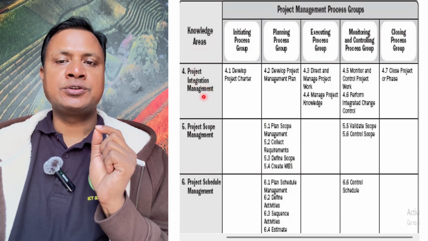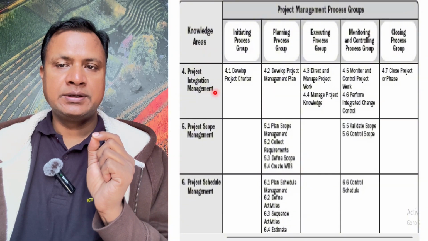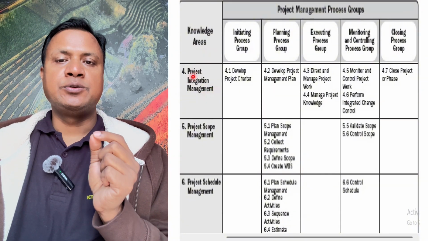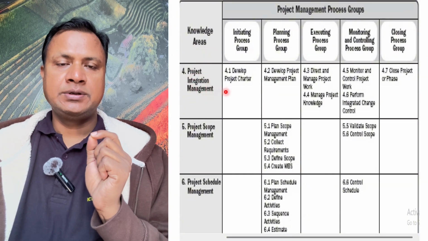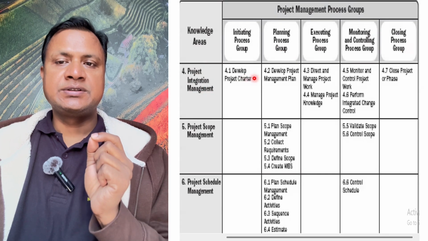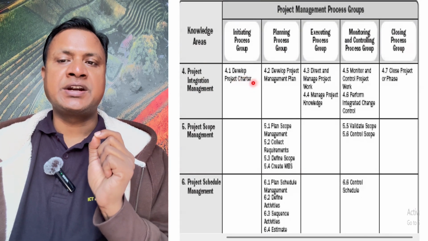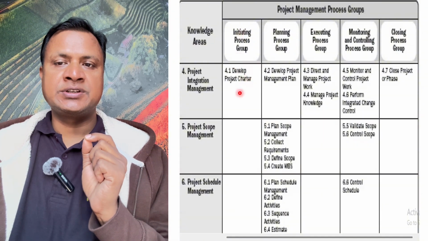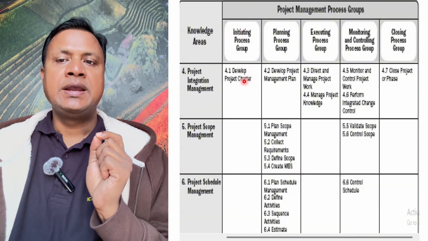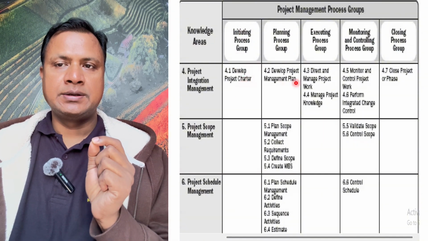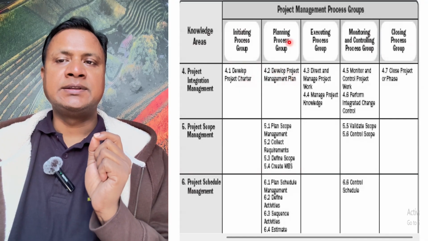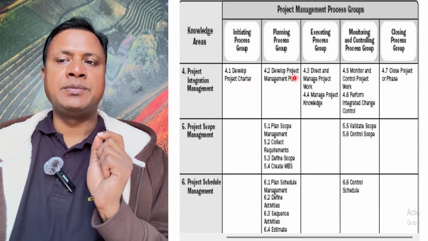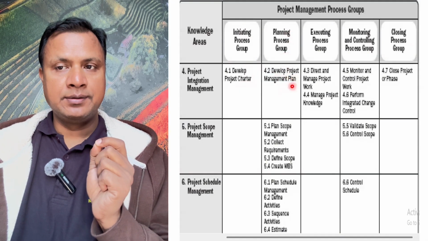Number 1 is project integration management. When we talk about integration, it means developing a project charter. This is the initial process step of project management. Then in the planning group, we have developing the project management plan.